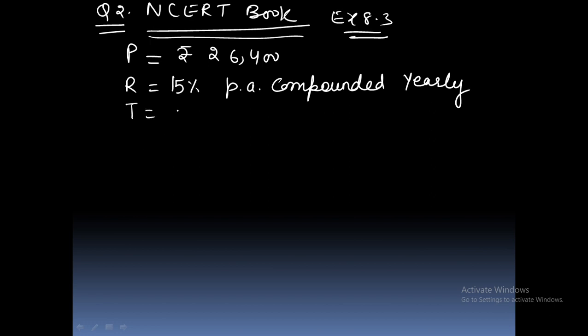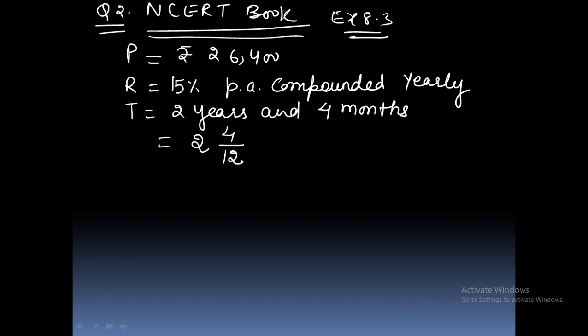Here time is given as 2 years and 4 months. 4 months will be written like this, 2 into 4 by 12, because in 1 year we have 12 months, so we write 12 for converting into a year. 4 ones are 4, 4 threes are 12.